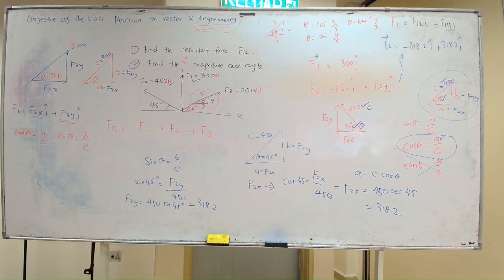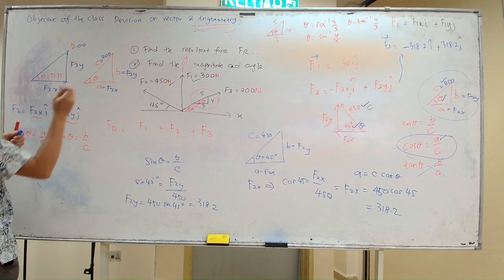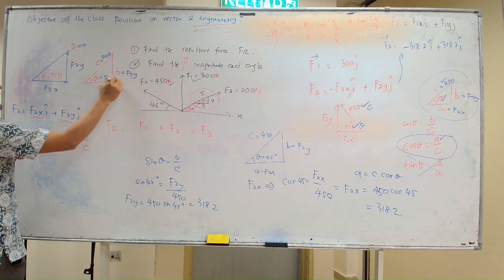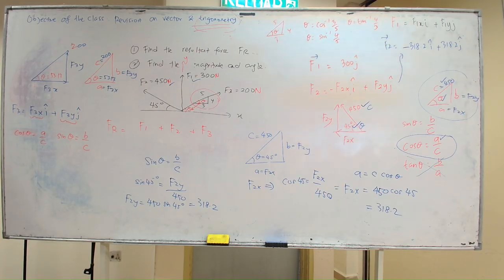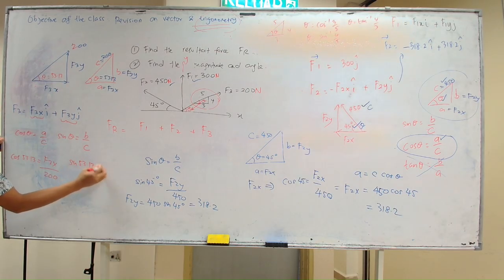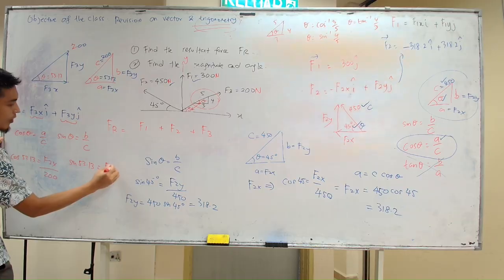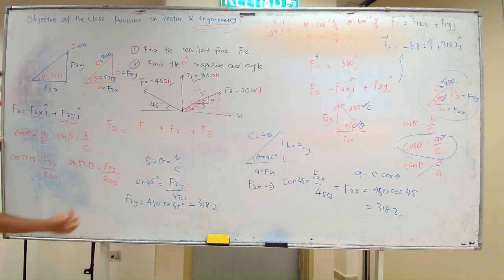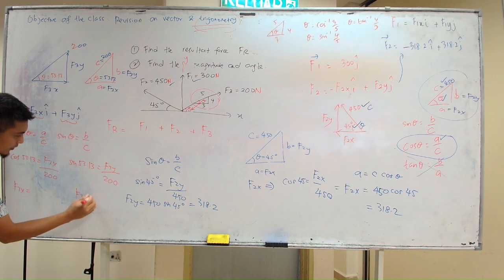So now theta equal to 53.13. So we have cos 53.13 equal to our A, which is F3x divided by 200. And then sin 53.13 equal to B, F3y divided by 200. So now you can calculate F3x and F3y.